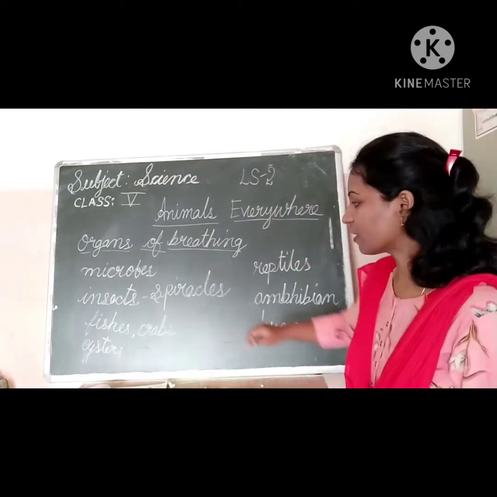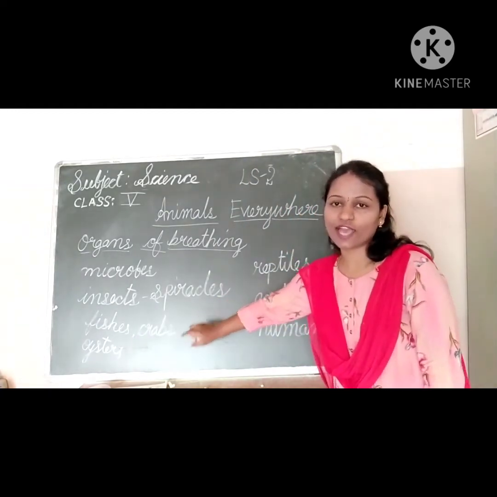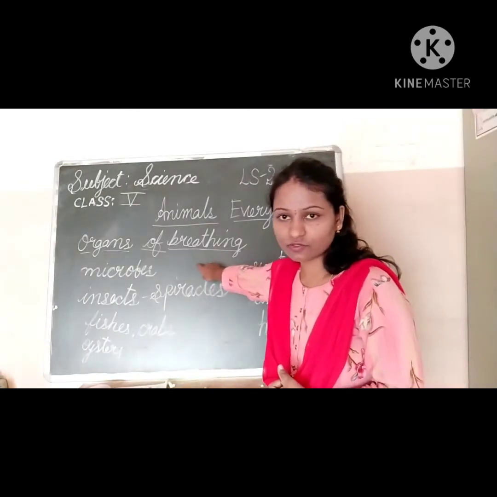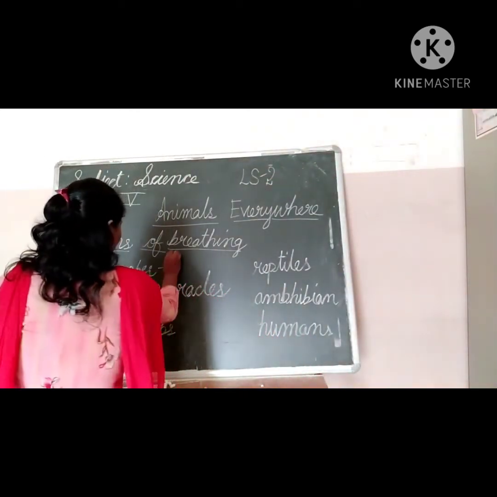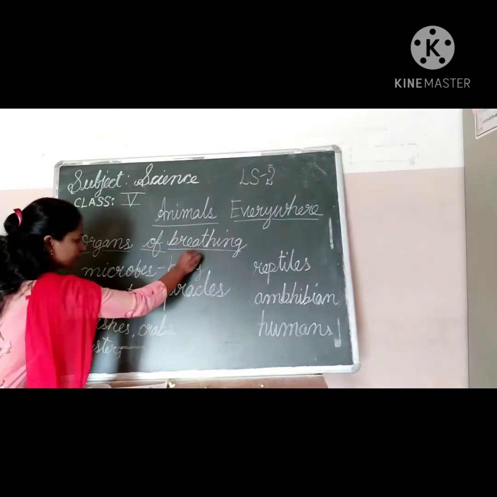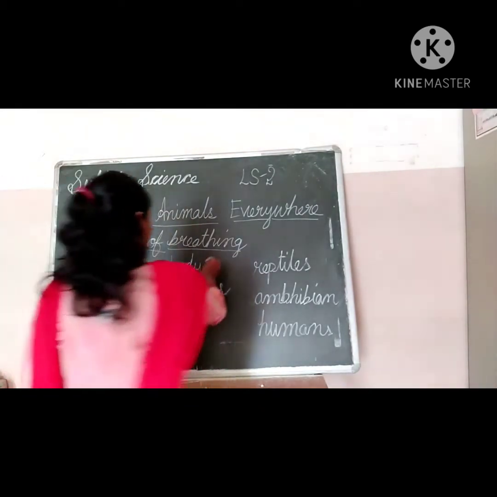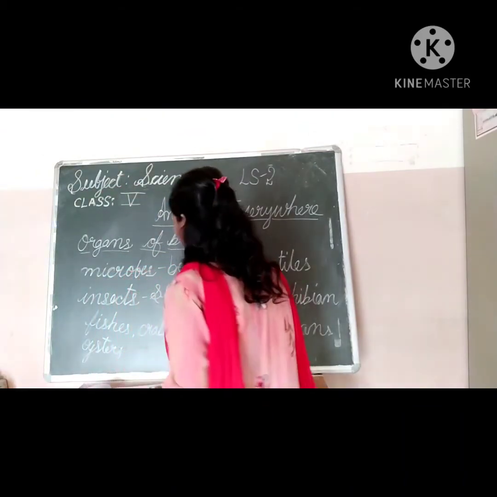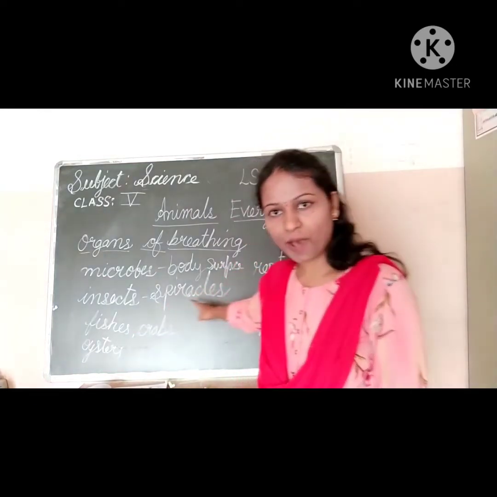Okay children, next one is fishes, the aquatic animals. The microbes can breathe through the body surface, and insects through spiracles.